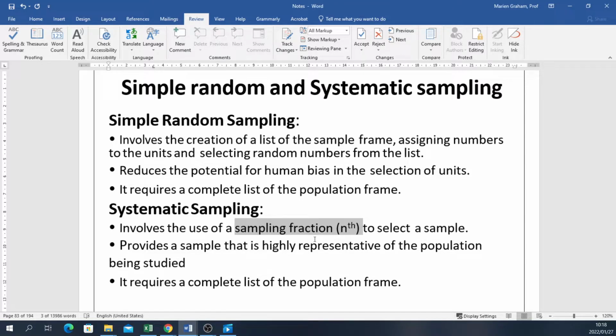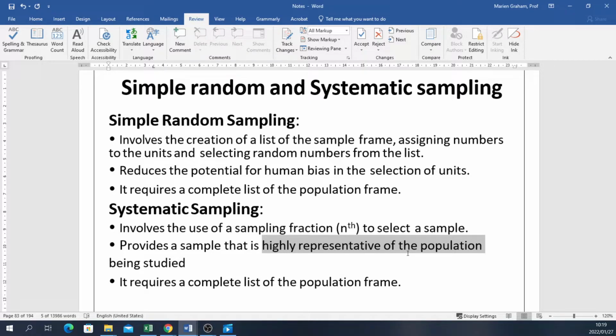So because you're using every fifth student, you will have more V surnames than other surnames. So it's not completely a simple random sample. However, it is very highly representative of the population. Why do we say that? So if we look at the Afrikaans-speaking students, there's a lot of V surnames.